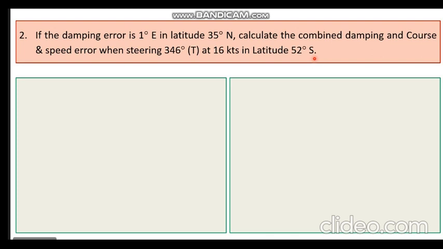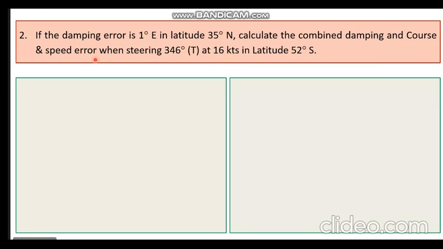Now you see the question gives us the value of damping error at a particular latitude. This is very much similar to question number 1. The damping error was given to us, the latitude was given to us, and using these two, we were able to find out the value of K for this particular compass. So that will be the first step in this question also. We need to get the combined damping and course and speed error.